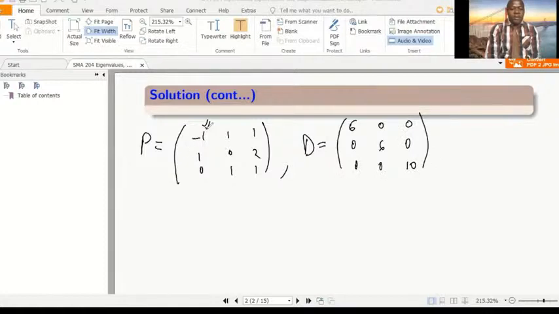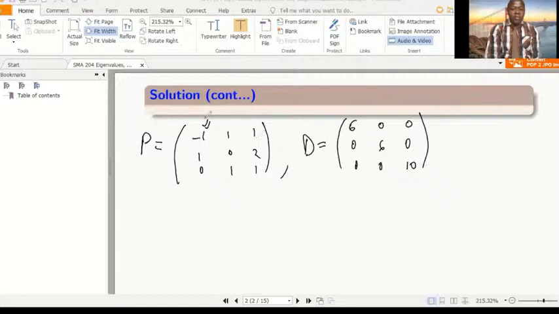As I said, in arranging the vectors in P, there's no formula. But once you arrange them in P, remember the order in which they are, and use the same order to arrange their eigenvalues. So the first eigenvector's eigenvalue must be the first one, the second eigenvector's eigenvalue must be in the second row, and the third eigenvector's eigenvalue must be the same.